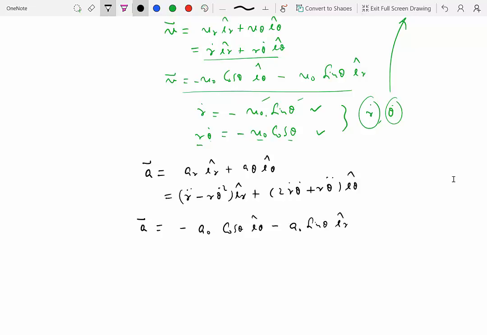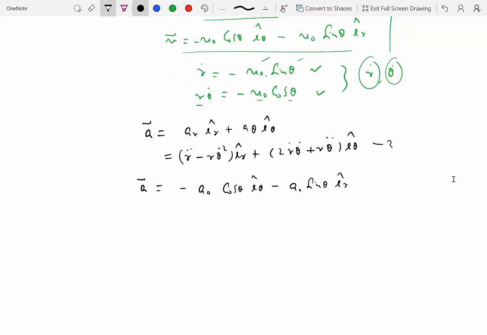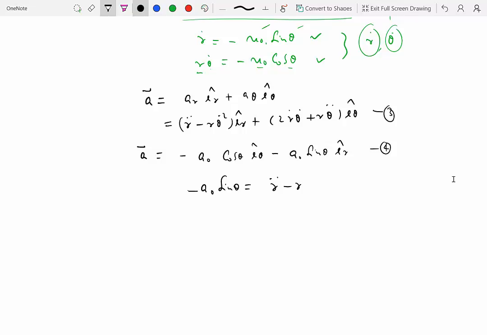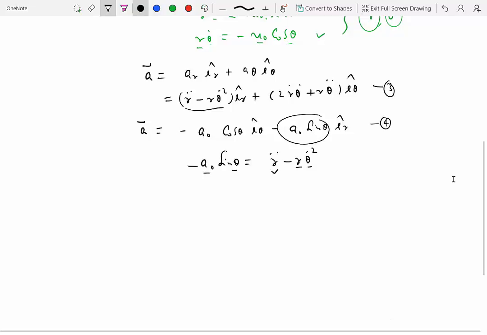So all we have to do is compare them. So compare, let's say this is 3 and 4, compare 3 and 4, what do we get? We get minus A0 sine theta equal to R double dot minus R theta dot square. So these two terms have to be the same. So from here, A0 is known, sine theta is known, R is known, theta dot we just determined from the previous step. That gives us R double dot.